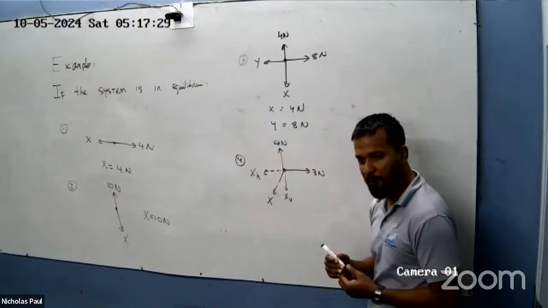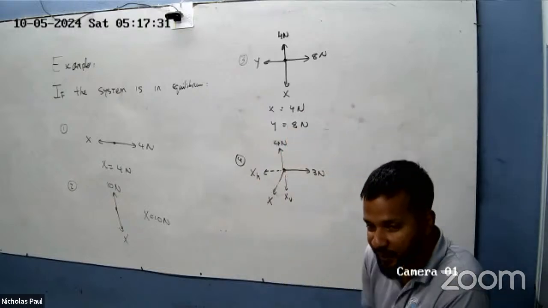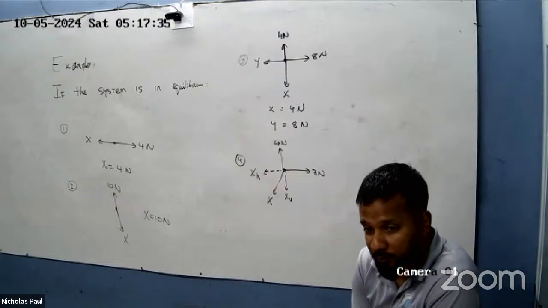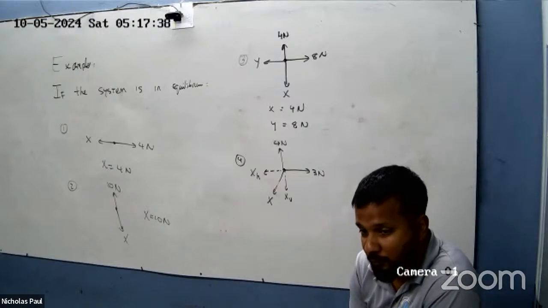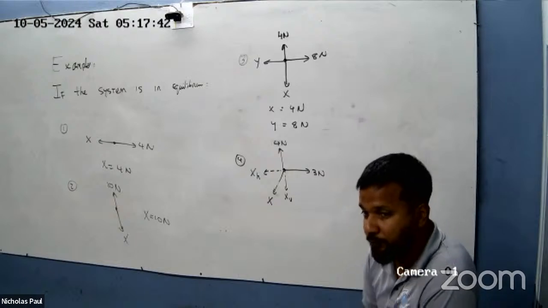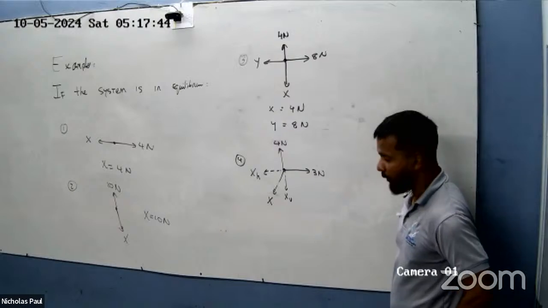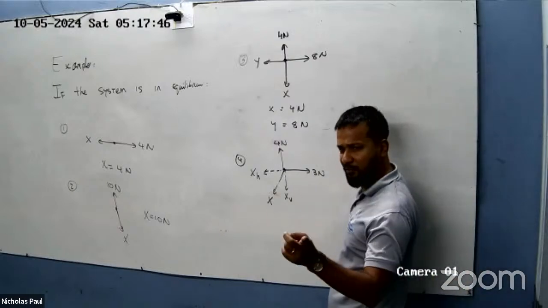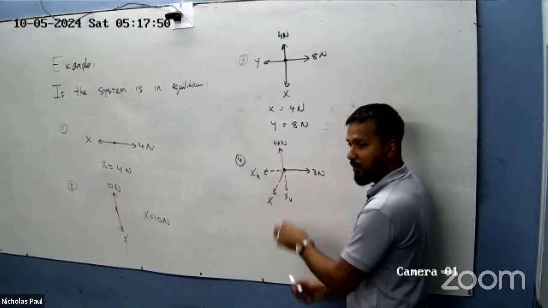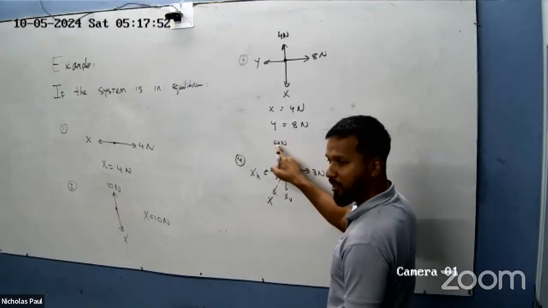Okay. So what Nathaniel did is he found the resultant of these two instead.